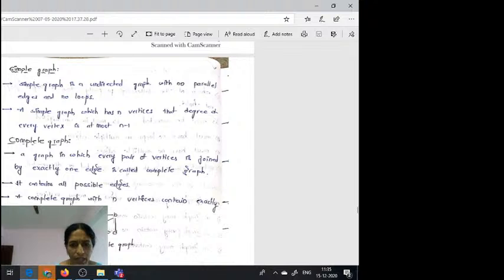Next, 10 edges. Suppose you take 5 vertices. How many edges are there? That means nC2 edges, that means 5C2 edges. Suppose you pick one more element, so each and every vertex has degree 4.